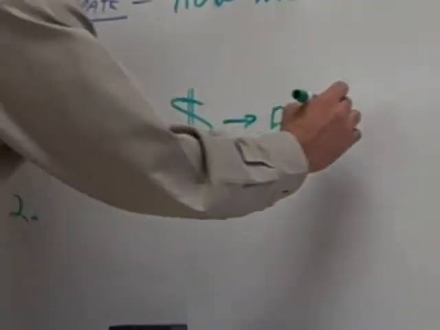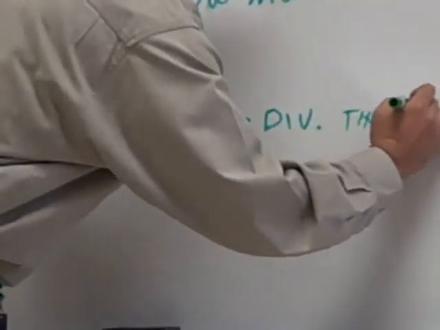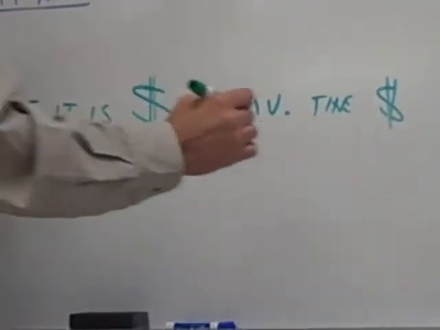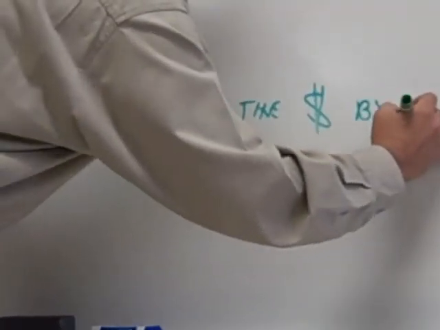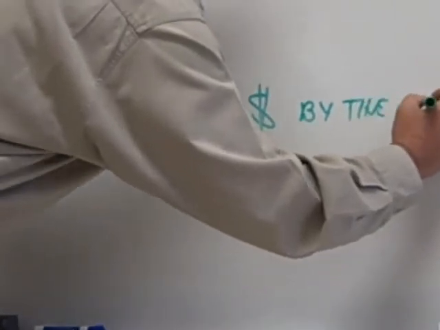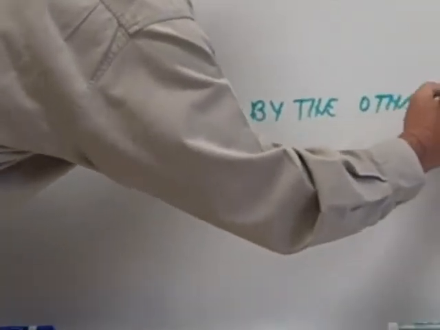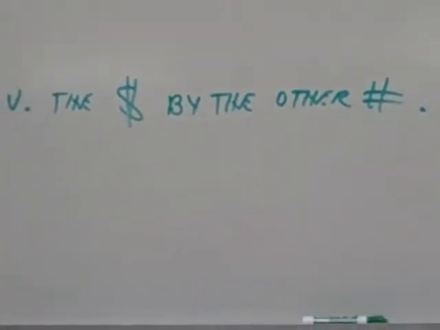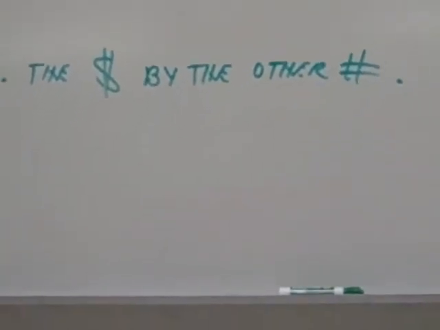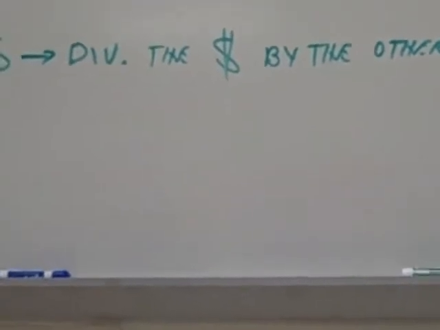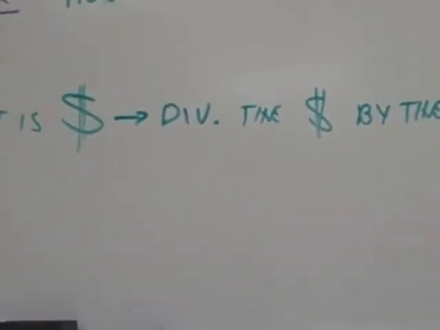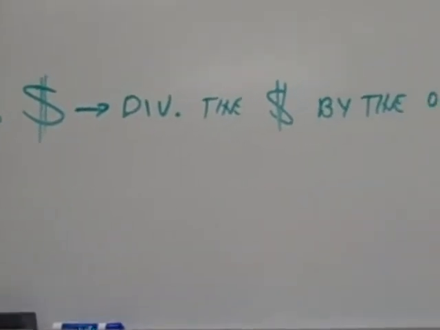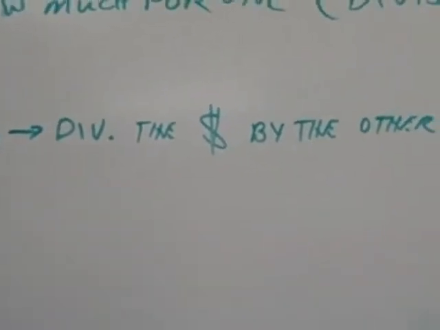Divide the money by the other number. If it's dealing with money, just divide the money by the other number. Now, like I said, this will change later on as you get older in math. But for this year, it helps us.